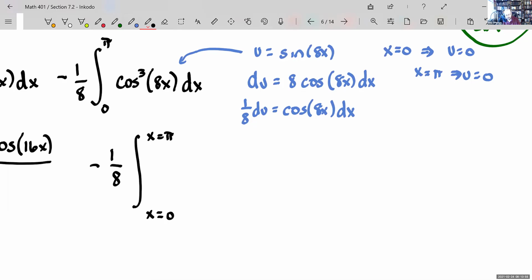So let's see, u was sine of 8x. 1/8 du, that is. So let me write 1/8 du is going to steal away a single power of the cosine and the dx. So I'll still have a cosine squared of 8x left over.